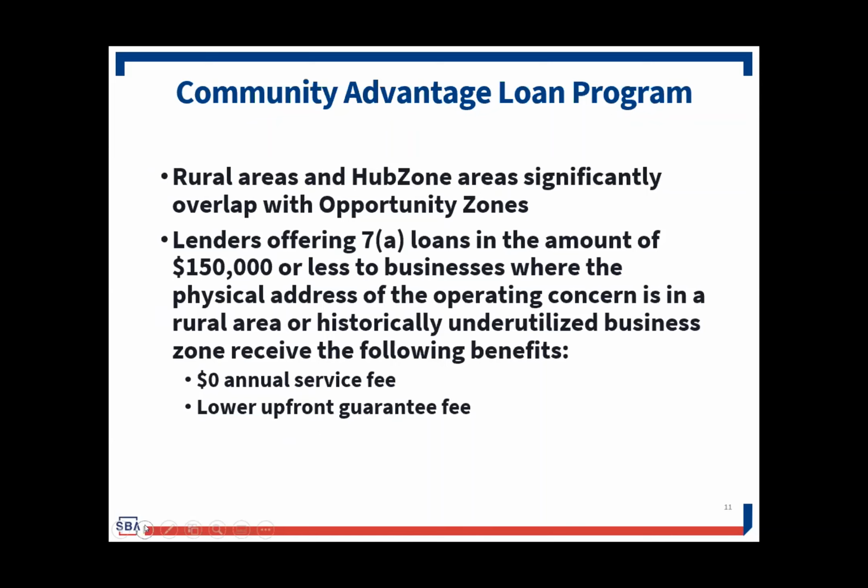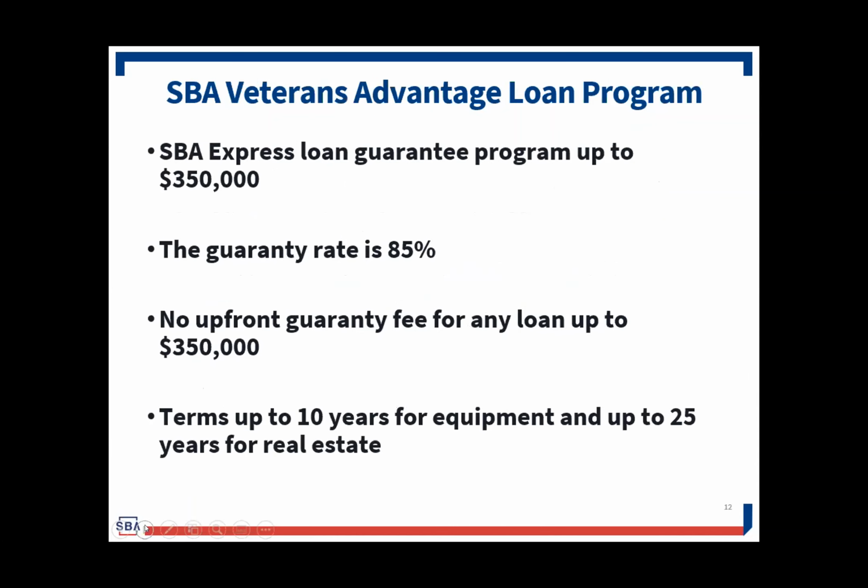So this program is designed to assist rural areas, hub zone areas, and opportunity zones and socioeconomic groups. For those lenders as an incentive who are interested in making the loan of $150,000 or less to those businesses that are located in hub zone areas, there is no annual service fee and there is a lower upfront guarantee fee that the lender has to pay to SBA.